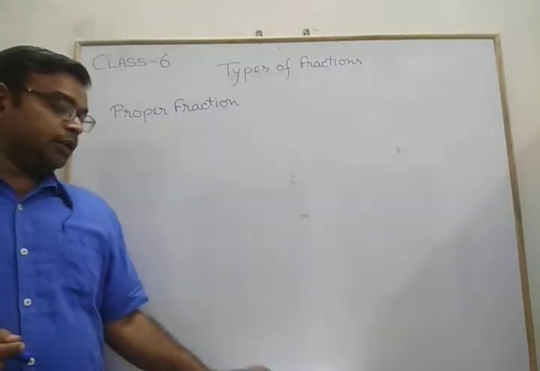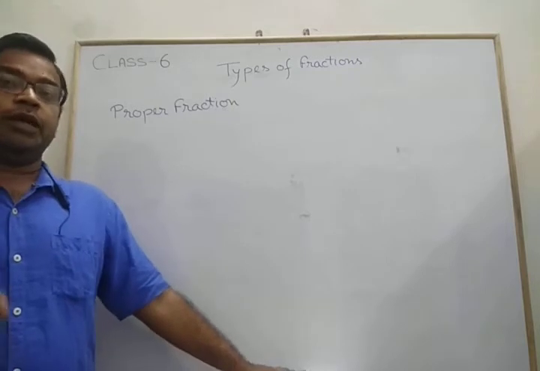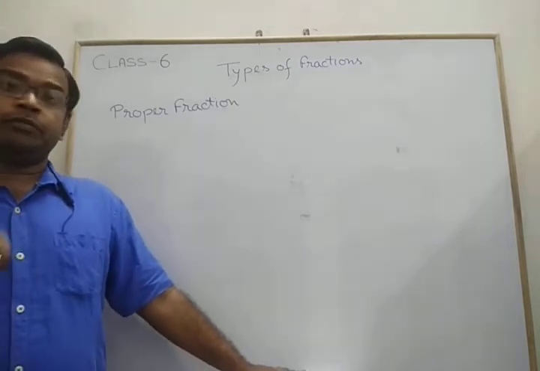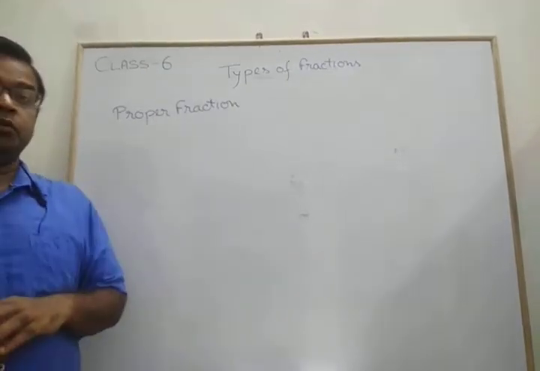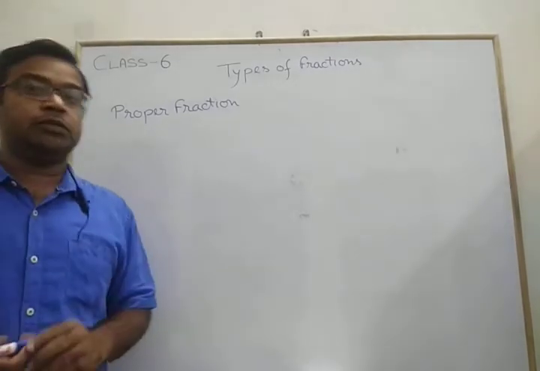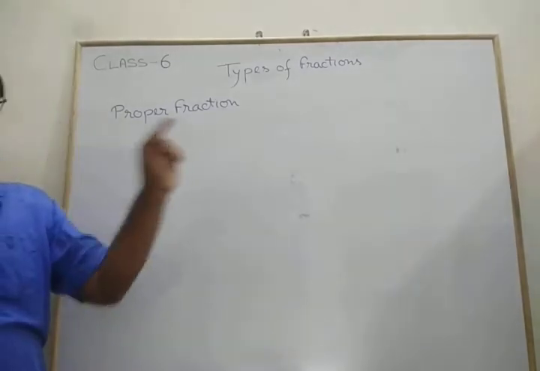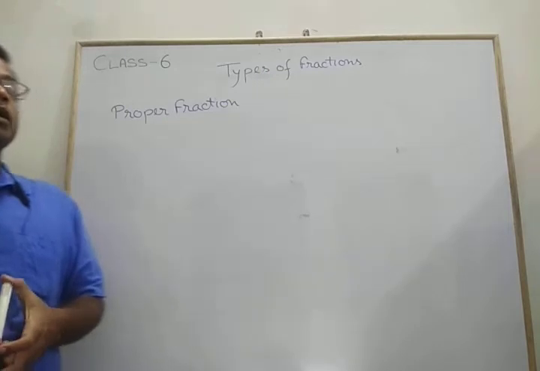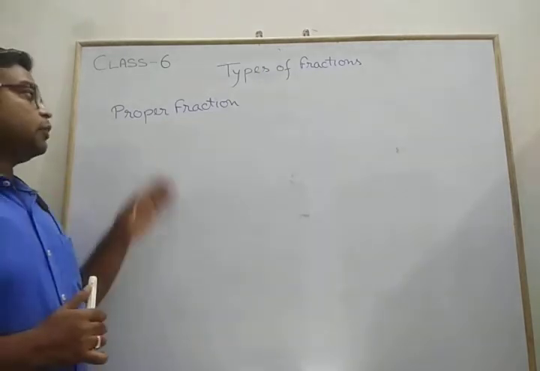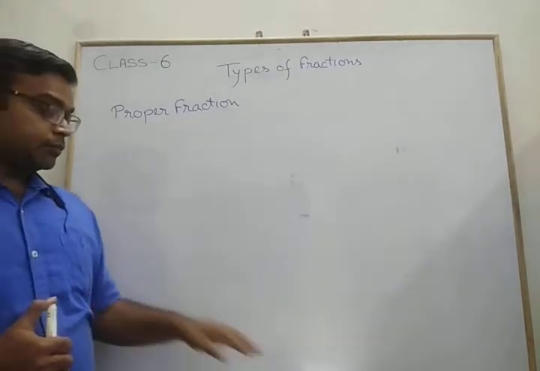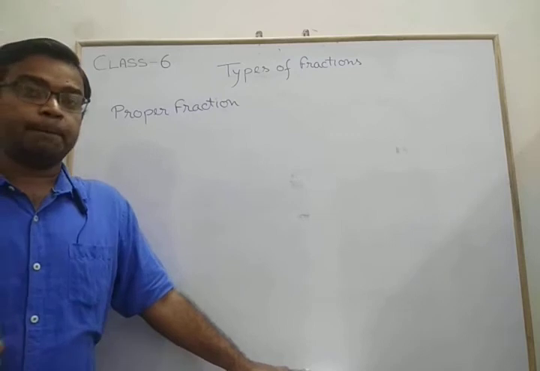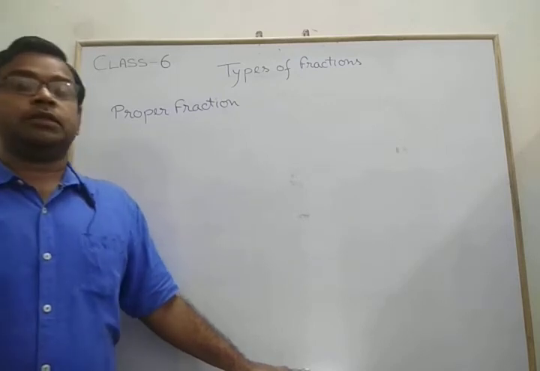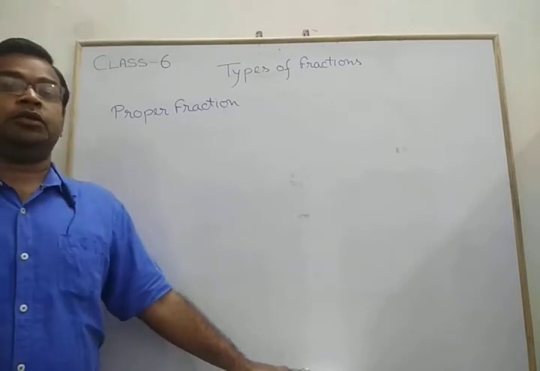Always remember that in a fraction the upper part is known as the numerator, the lower part is known as the denominator, and the middle line is known as the line of division. So in case of proper fraction, numerator is always smaller than denominator.